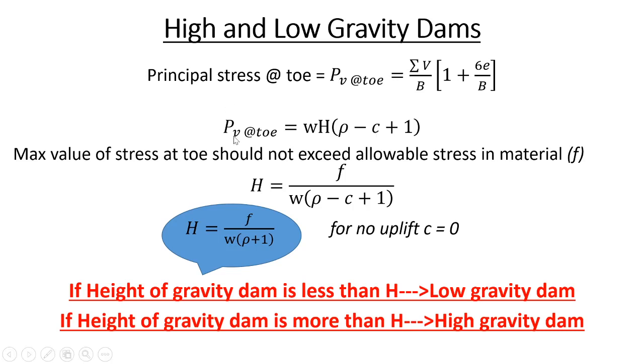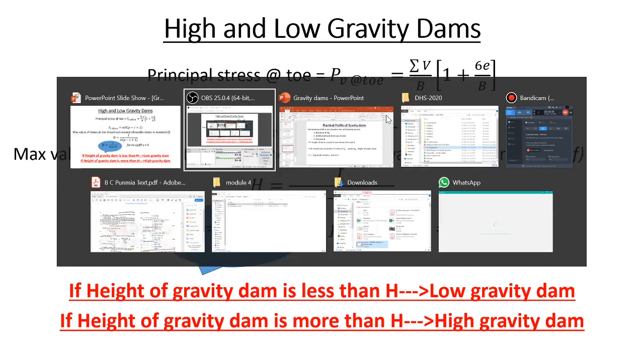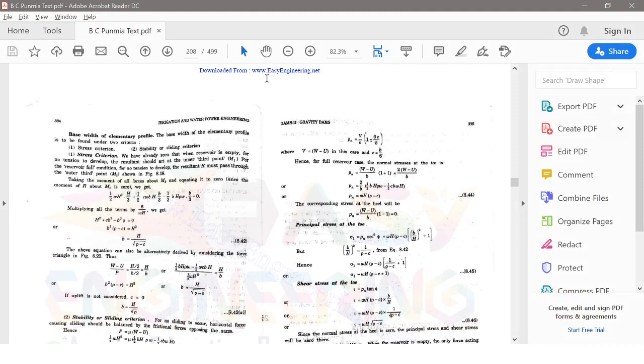This calculation is explained in the BC Punmya text. If you refer to the BC Punmya text, page number 208, PDF page number 208, see here, that calculation is explained.